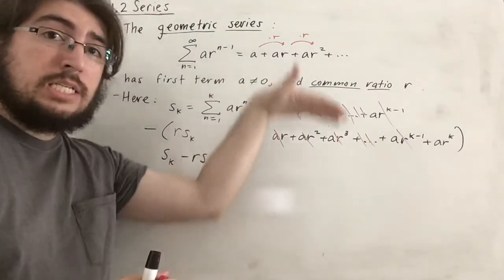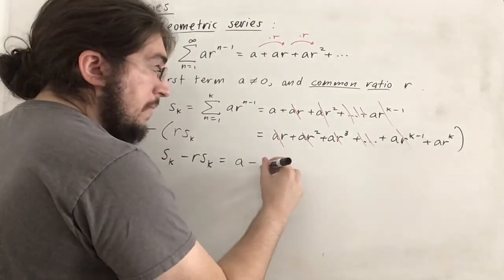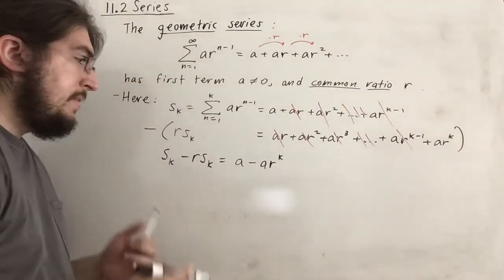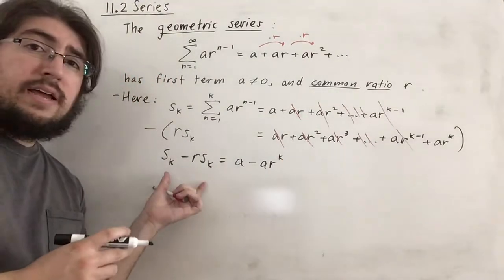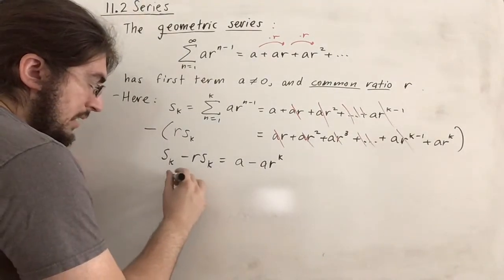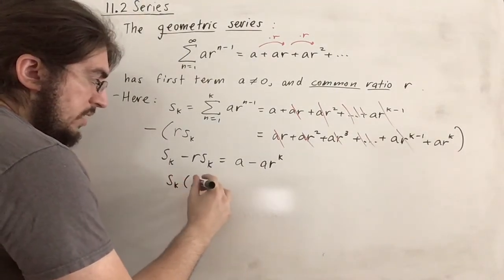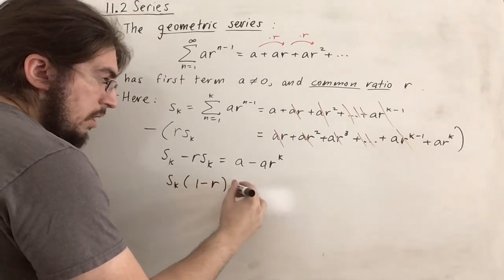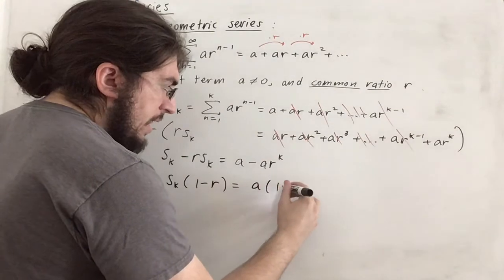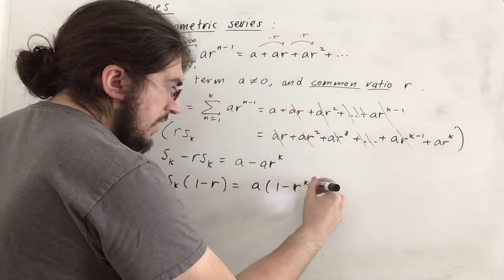But again, we're subtracting top minus bottom, so it's going to be a minus a r to the k like that. And notice here, if you factor out s sub k, what you have left over is s sub k times the quantity 1 minus r. Here we can pull out a, so we'll have a times the quantity 1 minus r to the k.